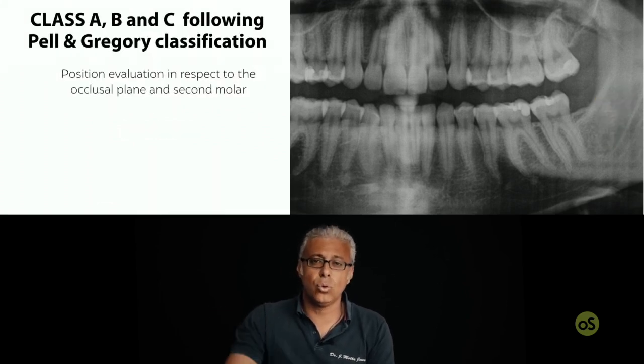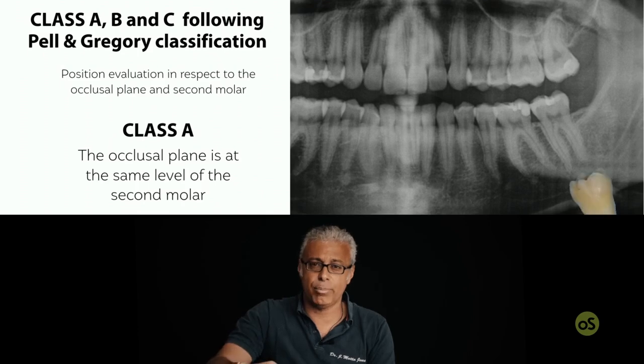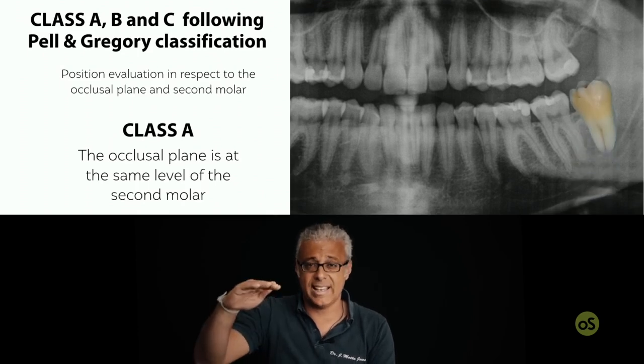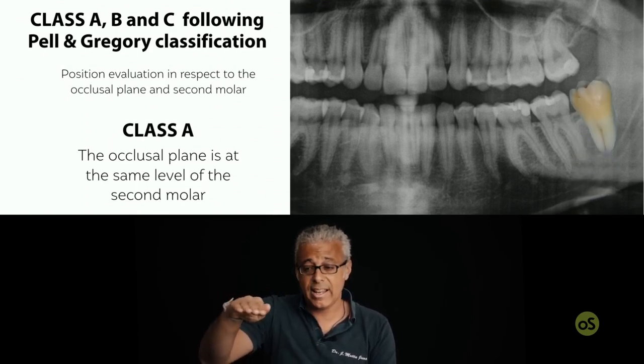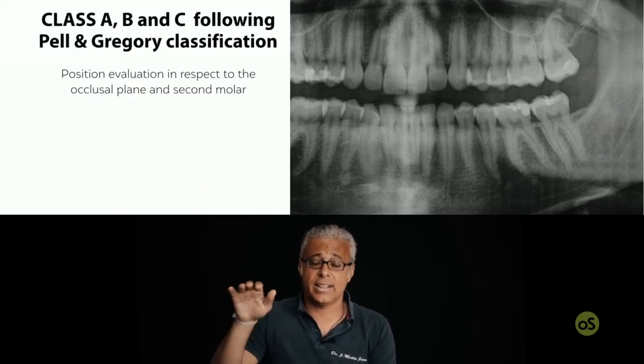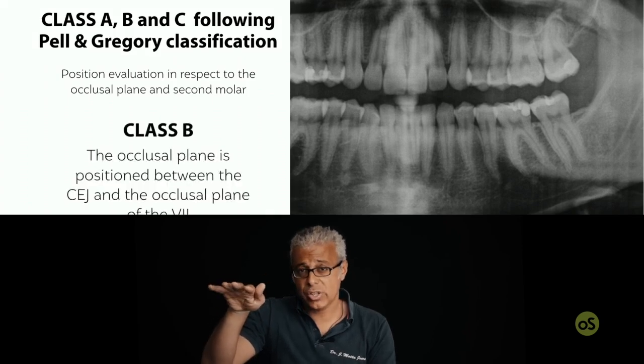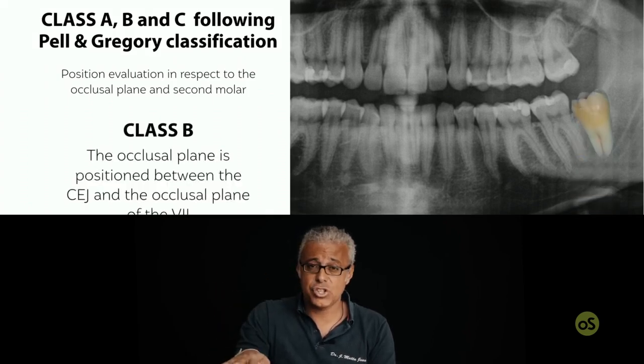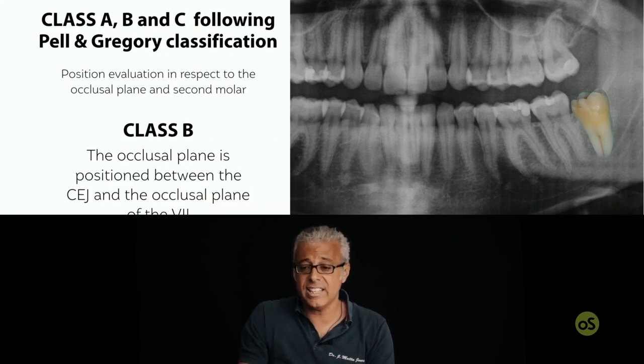And then we have to look at the coronal-apical position of the tooth, where we have class A, which is parallel and in exact correspondence to the occlusal plane of the second molar, and class B is just with an apicalization of the tooth, which is in between the occlusal plane and the CEJ.